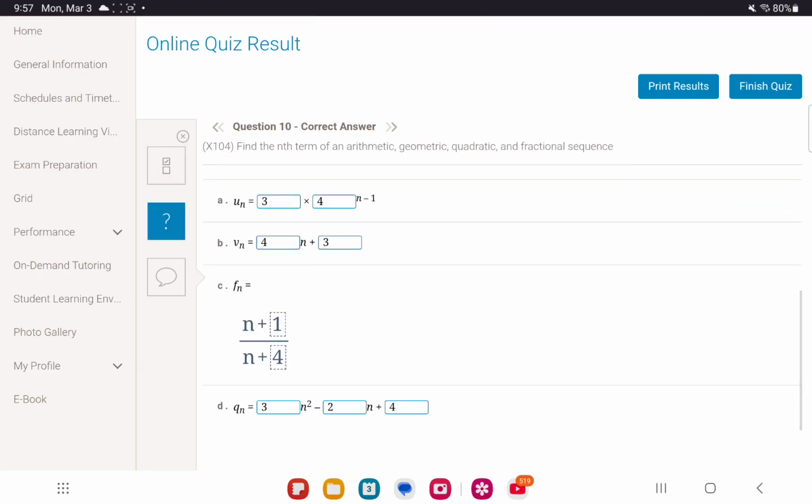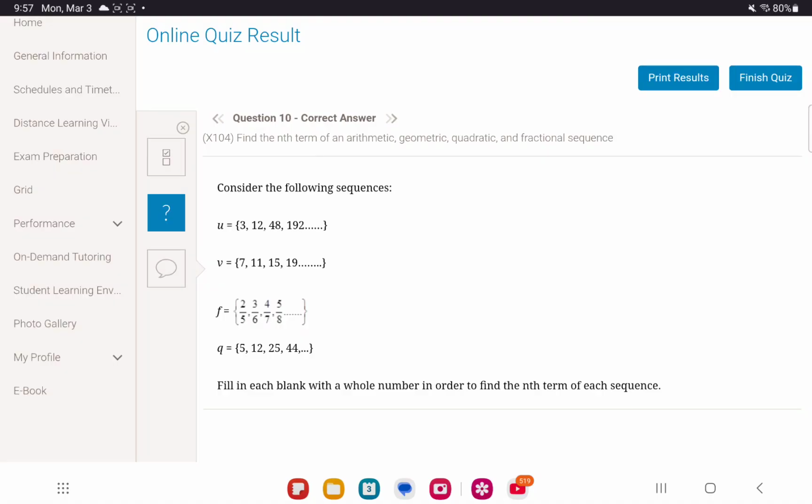Next question. This question is very simple, but we need to specify what progression it is. For example, maybe it is arithmetic or geometric or quadratic, cubic, linear, whatever. So we need to specify the sequences. 12 divided by 3 is 4, and 48 divided by 12 is also 4.